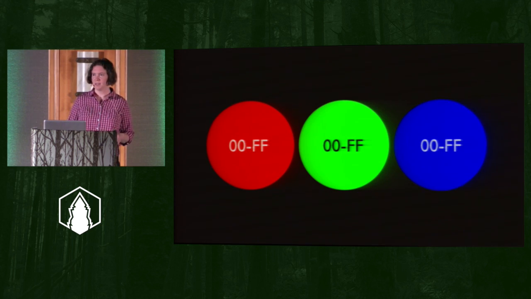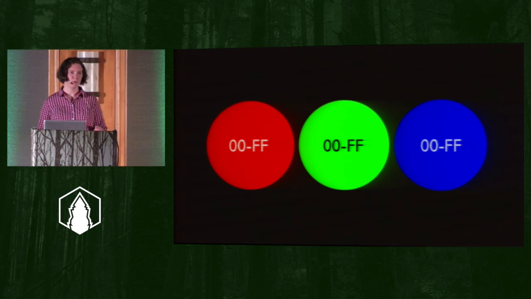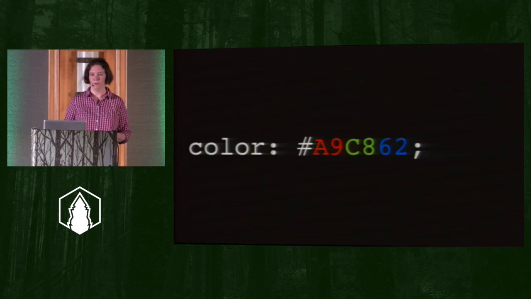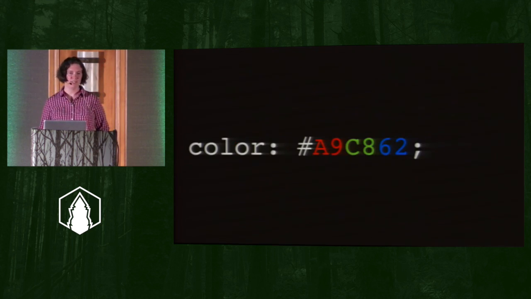So instead of 10 possible digits, you have 16 possible digits, with the last 6 being the letters A through F. So for each of the 3 colors, red, green, or blue, we have a 2-digit number in hex from 00 to FF, which, again, is 256 possible numbers for the red, green, and blue. And it's just a pound sign with those 6 digits after it, or sometimes can be shortened to 3 digits.